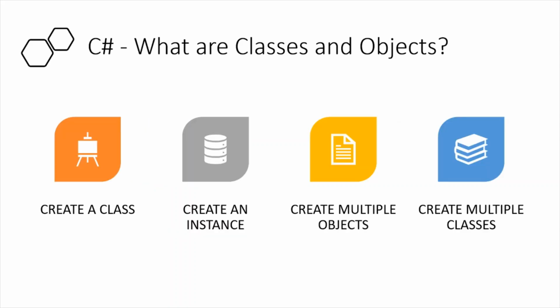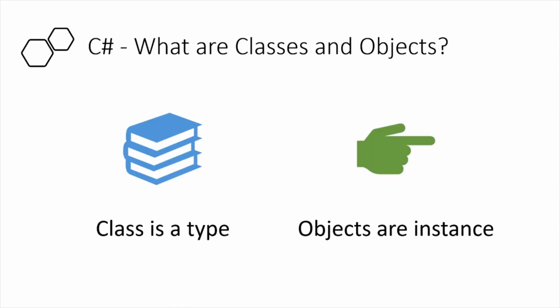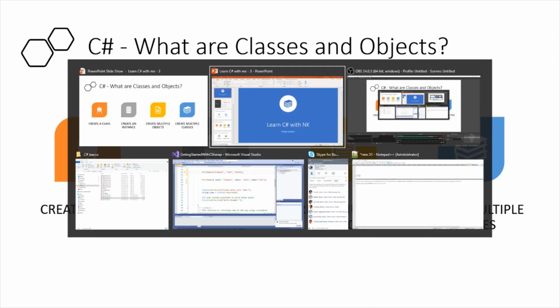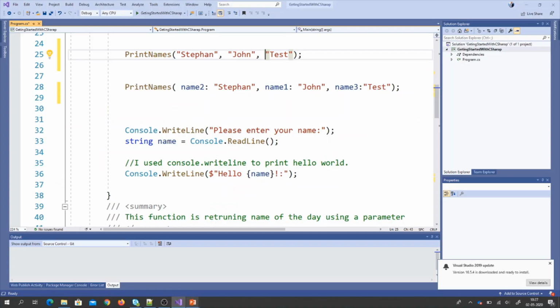I will discuss this in my example in real life. So we will create a class, we will create an instance of that, we will create multiple objects, we will create multiple classes. Okay, so let's go to our application.